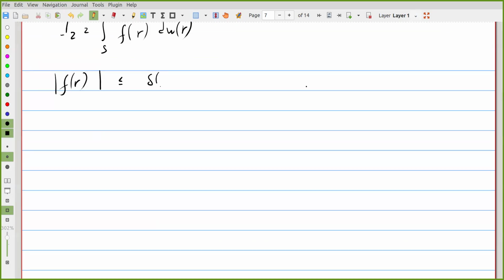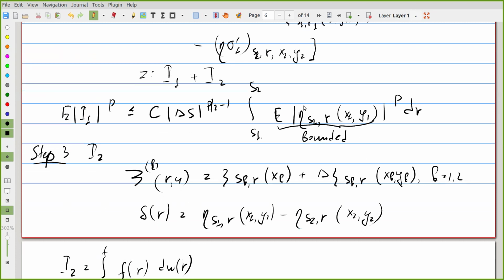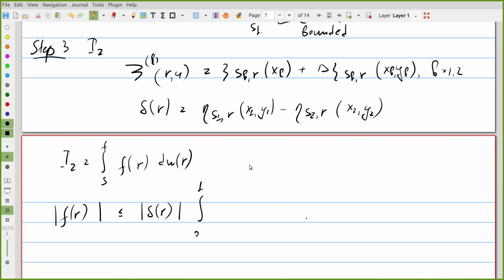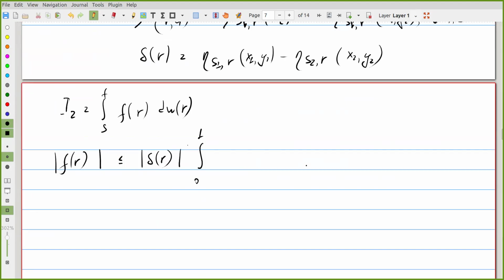I want to add and subtract in this expression to make use of the triangle inequality. So I want to make this part du, zeta 1 r u r minus zeta 2 r u r.